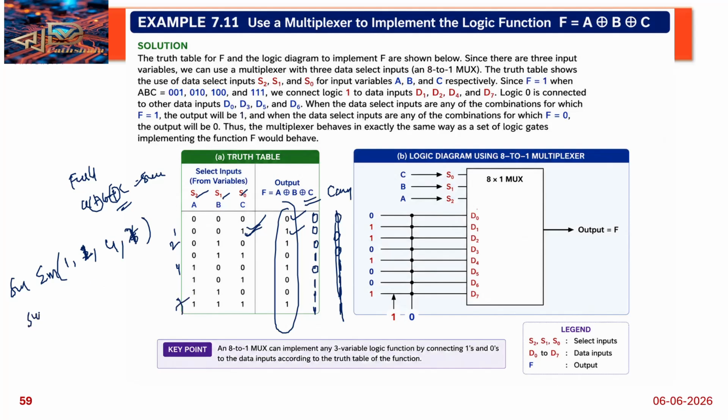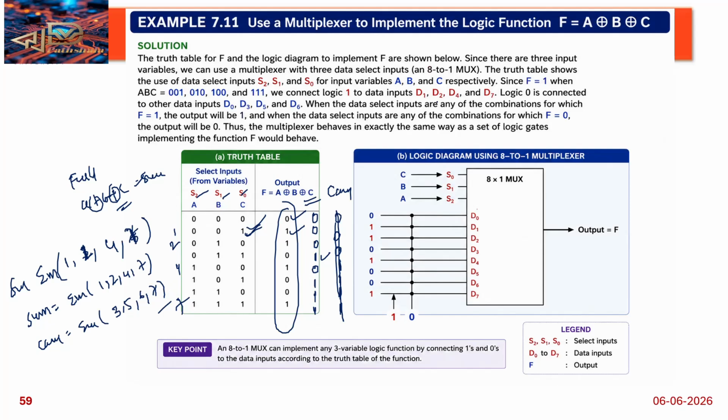That is the sum output I am getting, sigma m of 1, 2, 4, 7. And then carry output, sigma m equal to 3, 5, 6, 7. These positions I am getting 1.